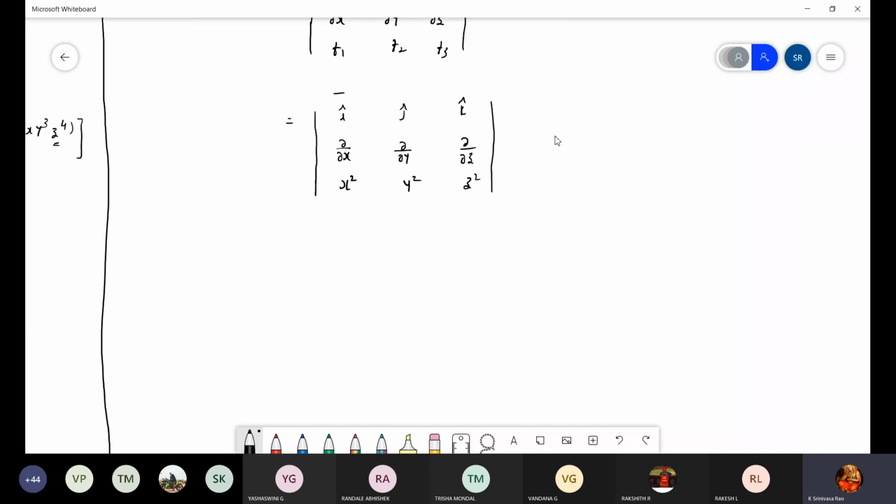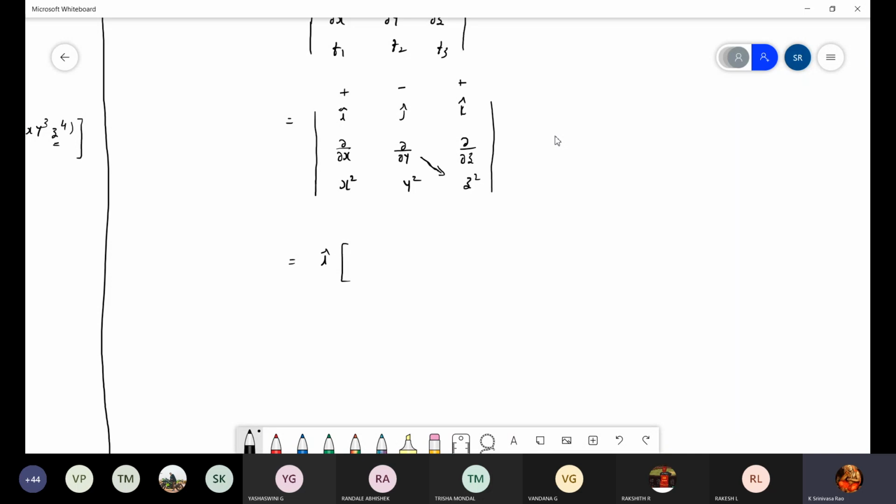So as usual, this is plus, minus and plus. So i cap into, see, you can directly differentiate. See what is the dou by dou y of z square?